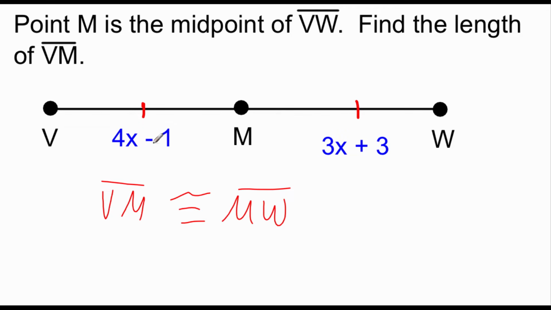These algebraic expressions represent the length of each segment. Remember, segments are congruent, but their measures are equal. So the 4x minus 1, which goes with VM, is equal to the 3x plus 3, which represents the MW length.